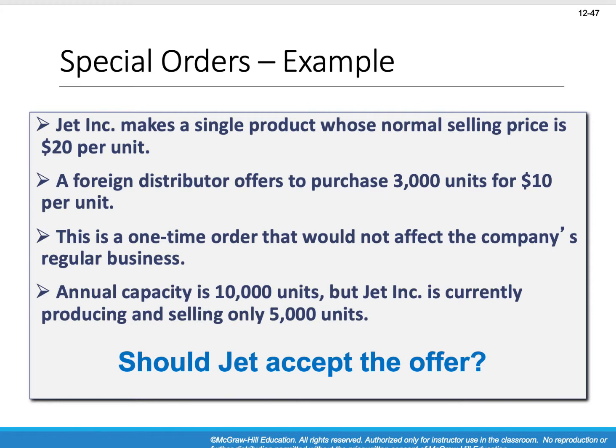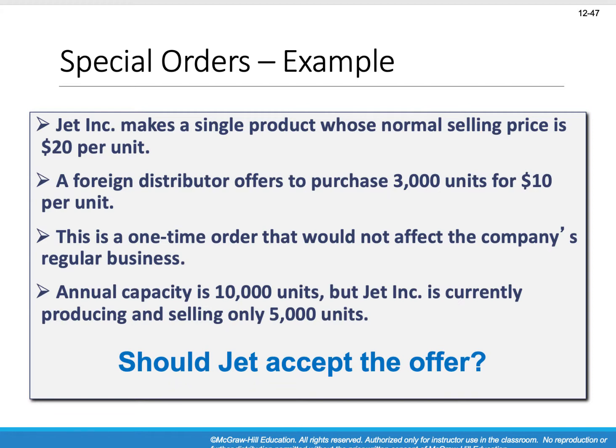Currently we're producing and selling 5,000 units, so we are within capacity that we could accept this special order. And if we accept this special order, our regular customers won't be affected, right? Meaning we don't have to take away from our regular customers to satisfy this special order. Okay, so should we accept this order?